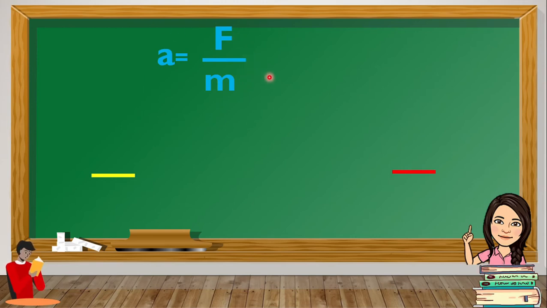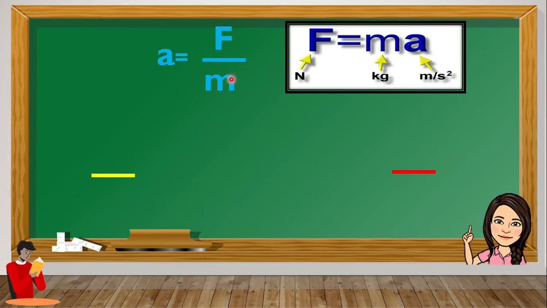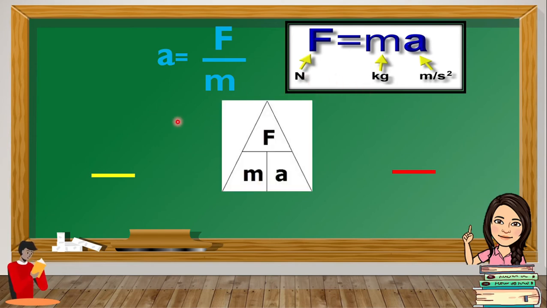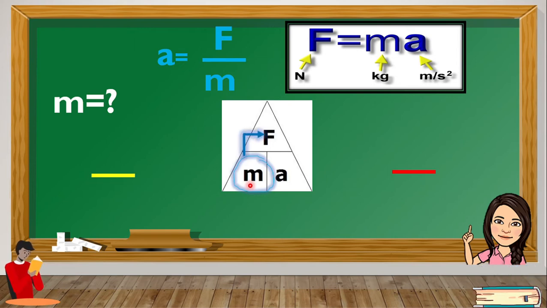The equation is often rearranged to a more familiar form. The net force is equal to the product of the mass and acceleration. From the given equation, how will you get the mass of an object? Mass is equal to the net force divided by the acceleration of an object.